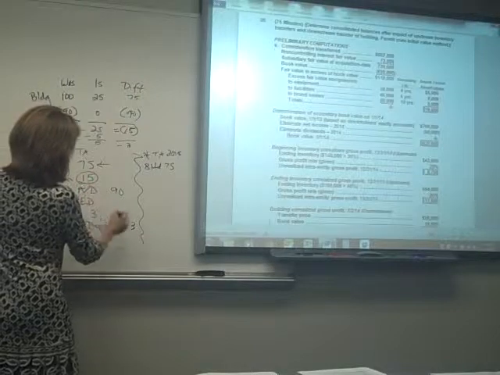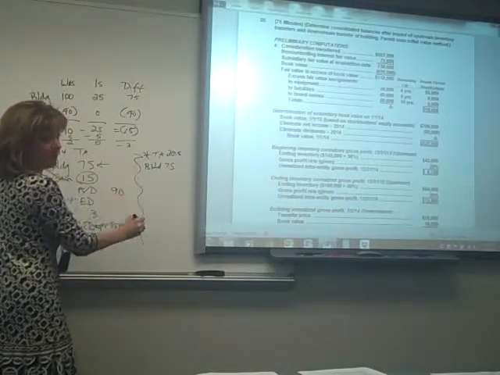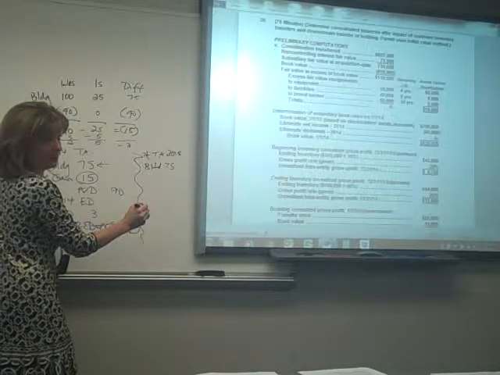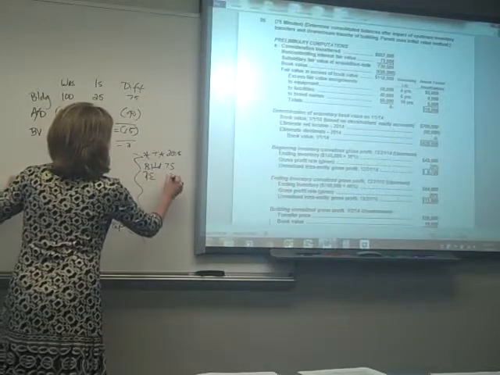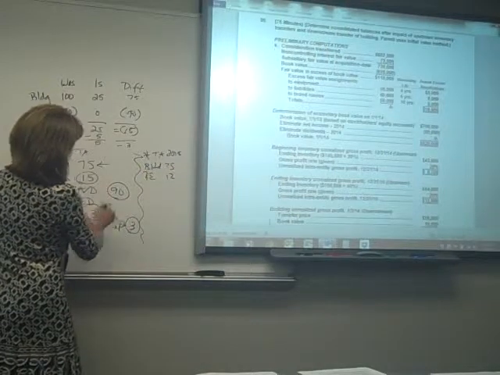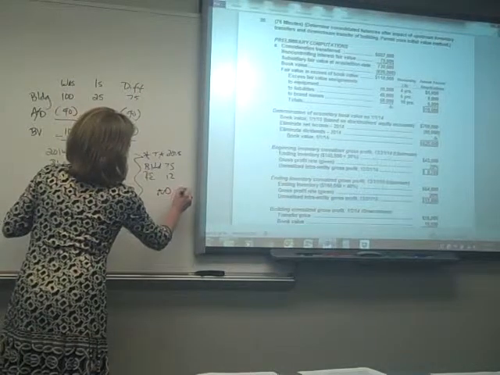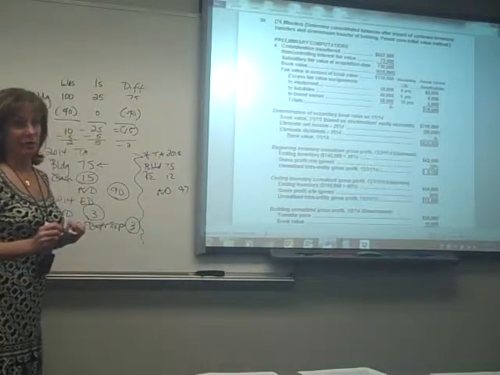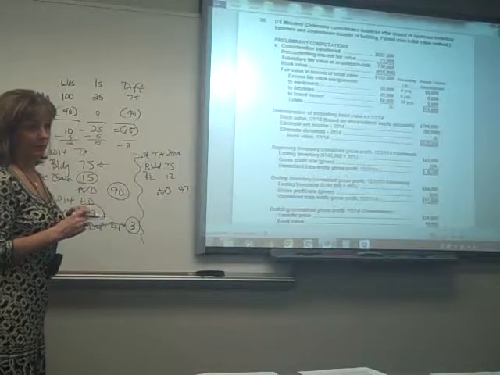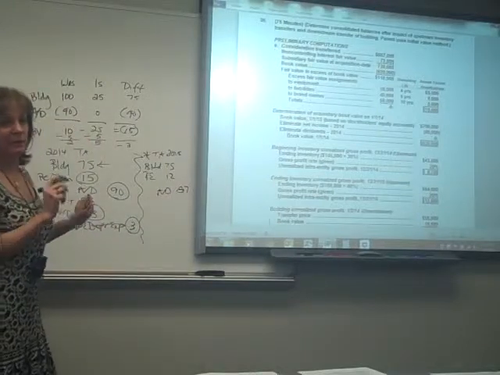Retained earnings is this 15 and this 3. 15 debit, 3 credit is 12 debit. Okay? Retained earnings 12. Accumulated depreciation is this 90 credit and this 3 debit is 87 credit. And it works. 87 equals 87. That's me. 90 minus 3, 87.